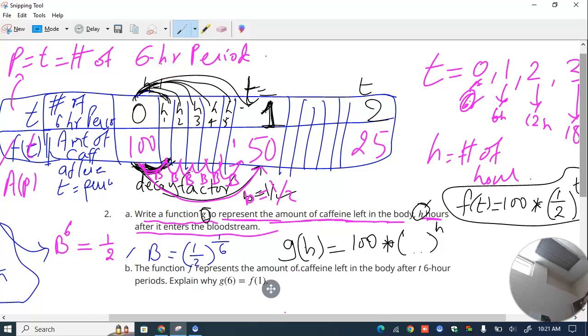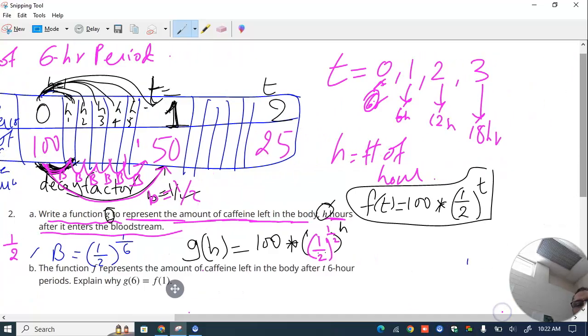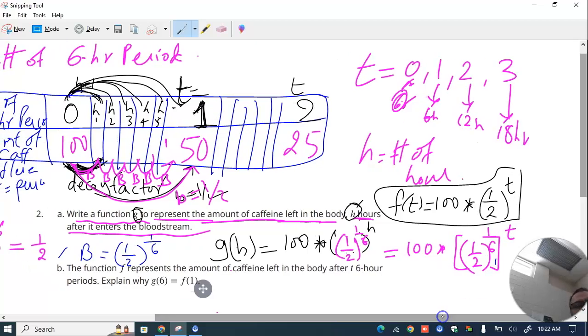The decay factor is half raised to 1/6, so your answer, in an organized way, is 100 times half raised to 1/6, raised to the power t.